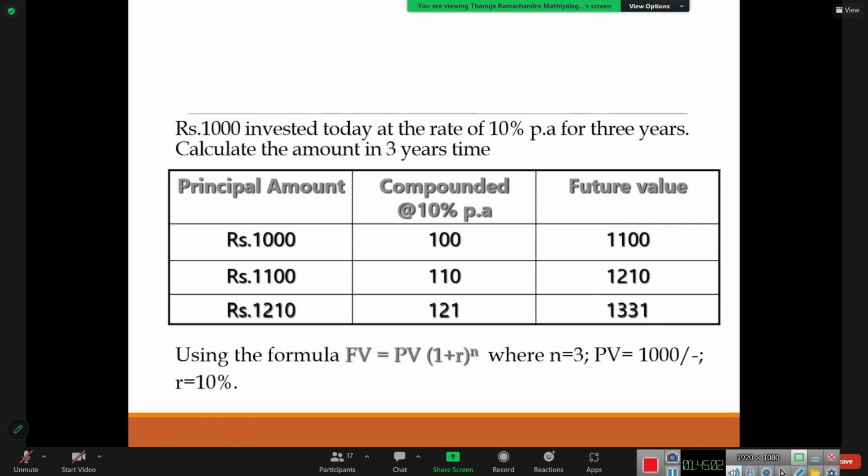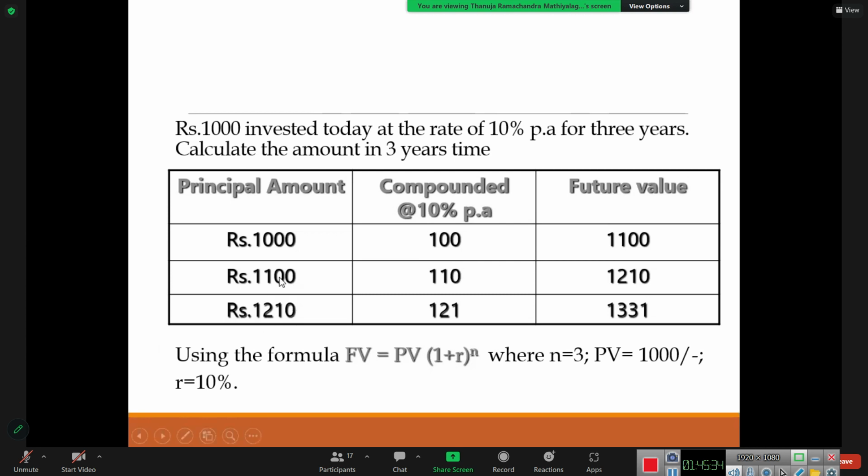So it's 10%, 110, right? So at the end of 2 years, it is 1,000 plus the earlier 100 interest for the first year plus 110. Altogether we have, at the end of 2 years, 1,210.